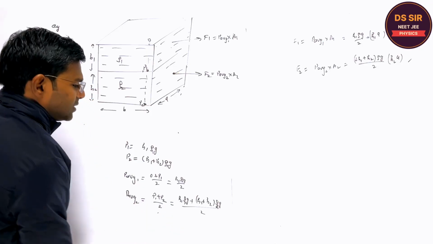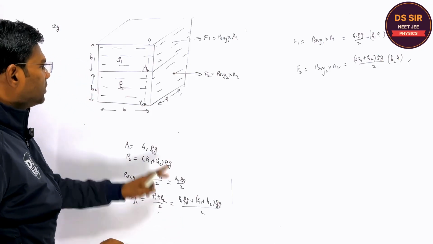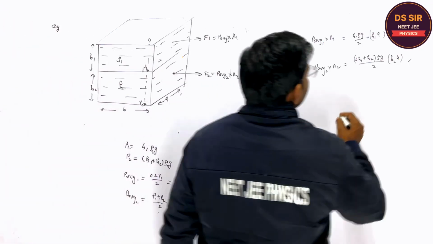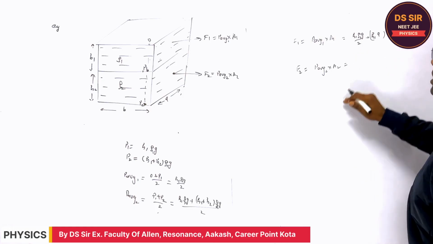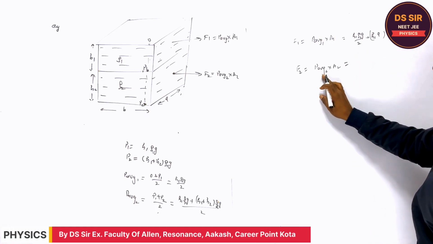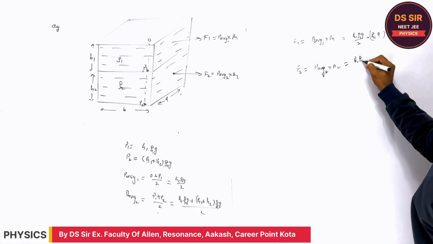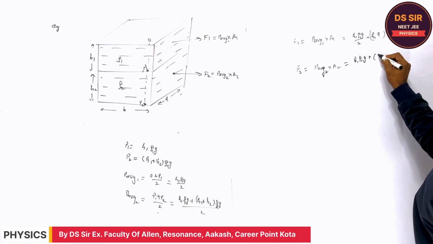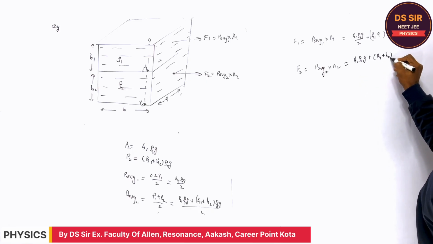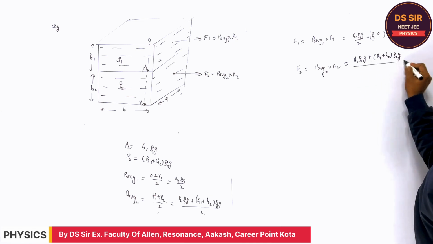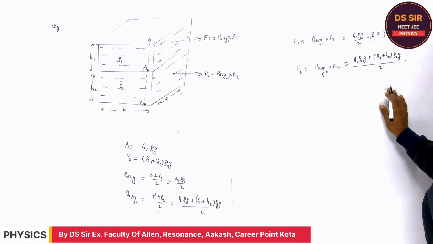Make this as it is, because the densities are different. So this is rho 1. The average pressure 2 will be equal to (H1 rho 1 g plus (H1 plus H2) into rho 2 g) divided by 2, into area.